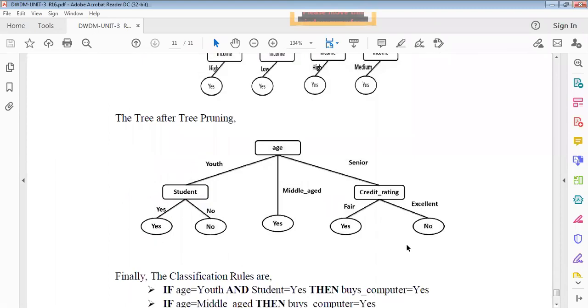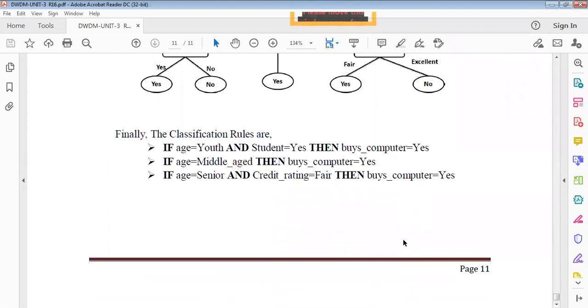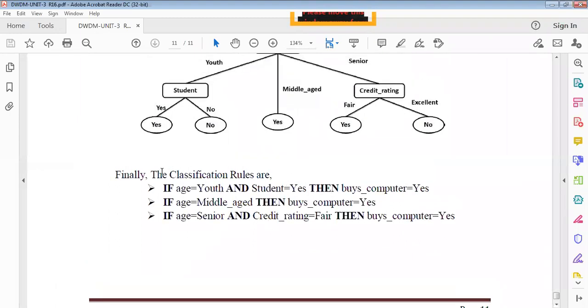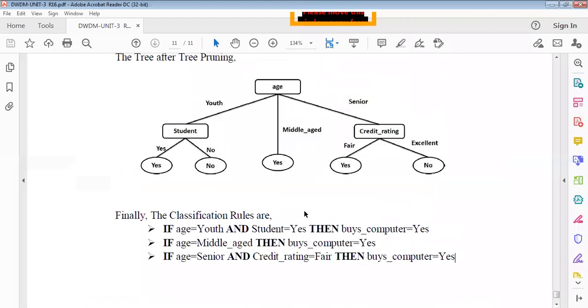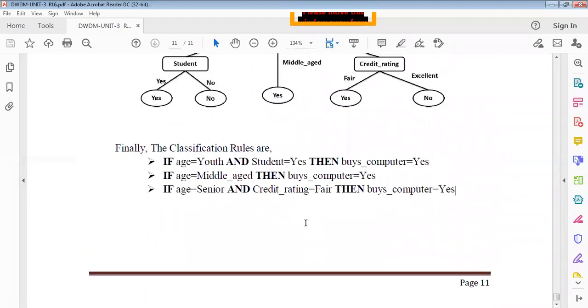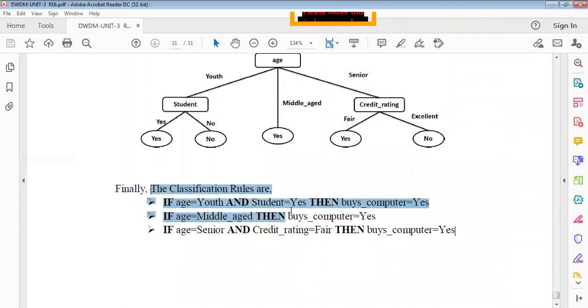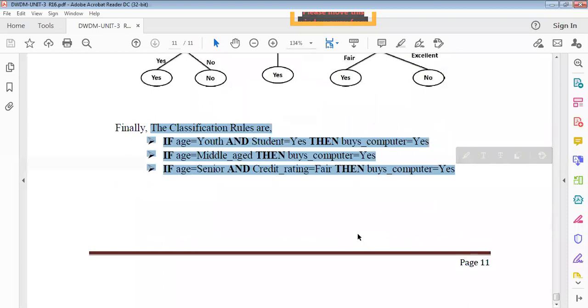Here you have to represent the classification. First, construct the decision tree, then represent the classification rules.